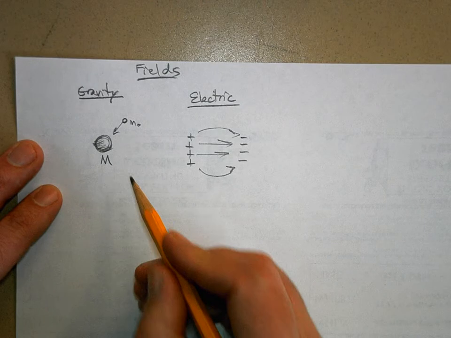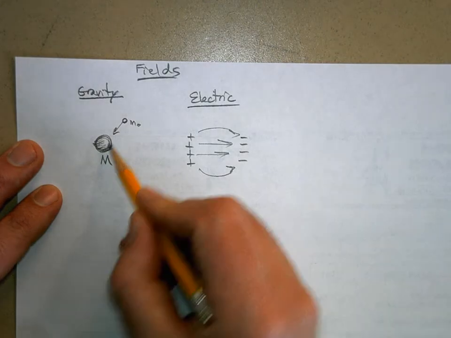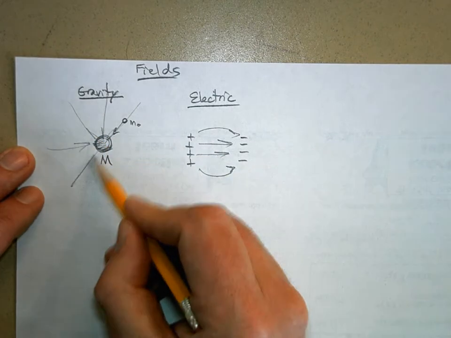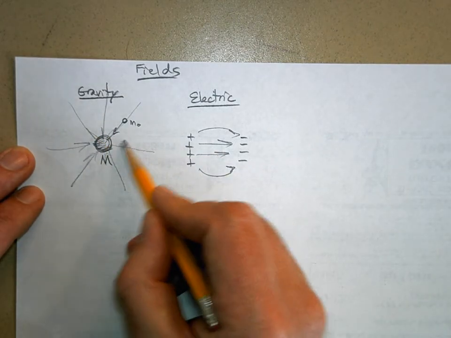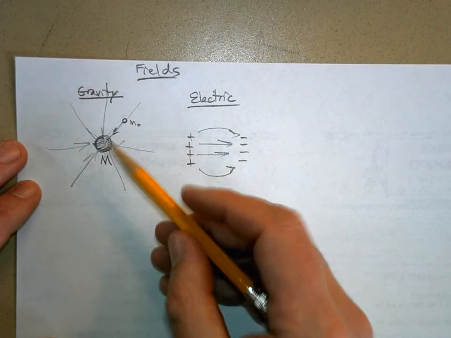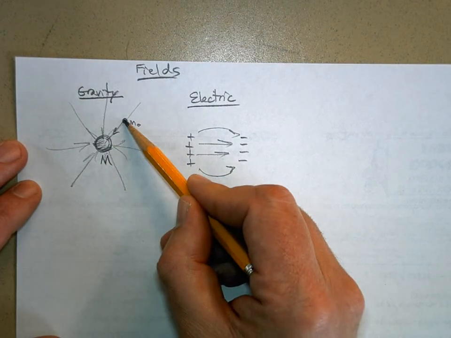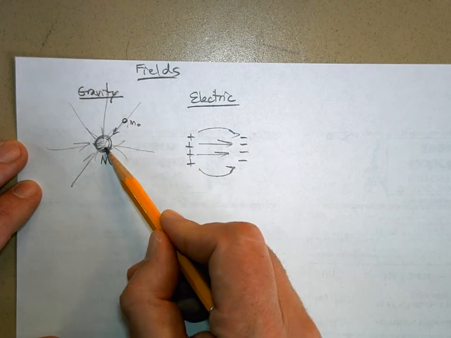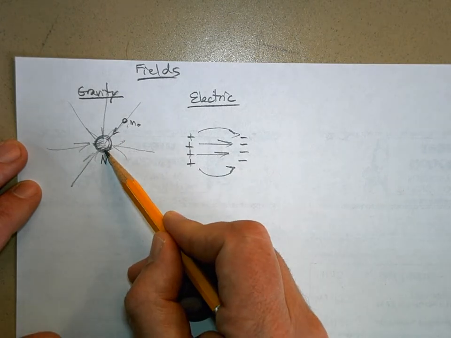But this gravity field is caused by its own effect in a way, in that the gravity has an effect on massive objects, but it's massive objects that cause the gravitational field to be there.